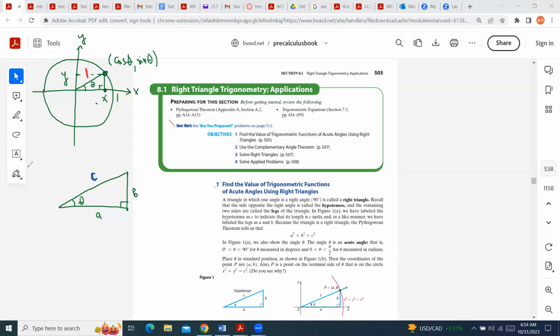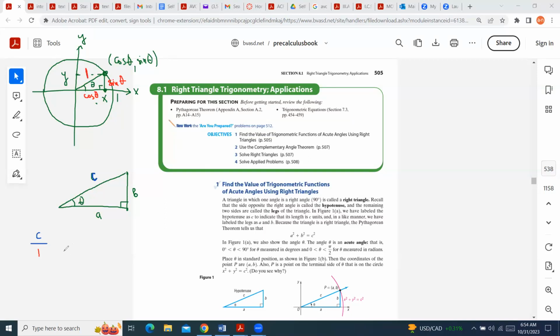And it turns out that if I divide, let's say, C by 1, both hypotenuses, then this quotient is going to stay the same if I divide other corresponding sides. Like here, we have a side which is called sine of theta. And the other side here is called cosine of theta, right? The x coordinate.